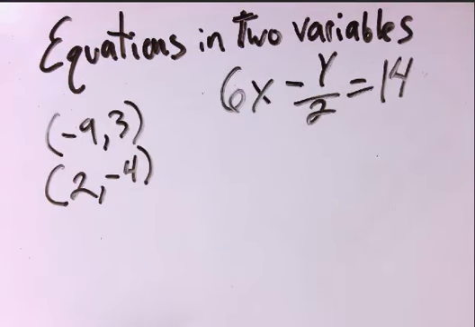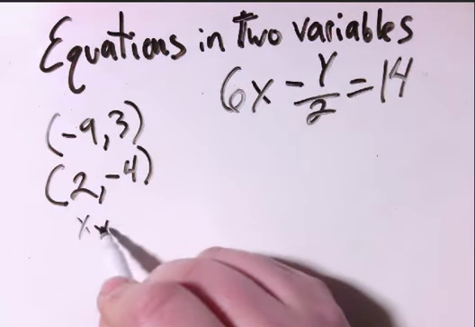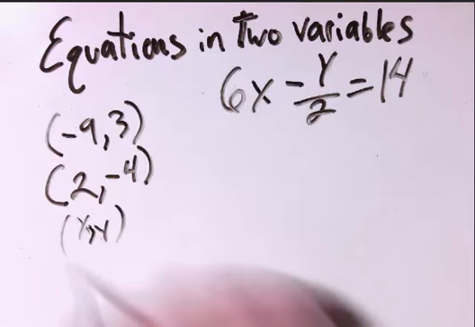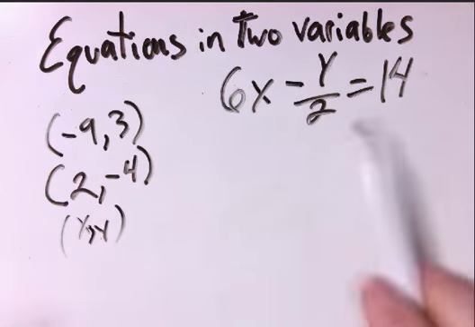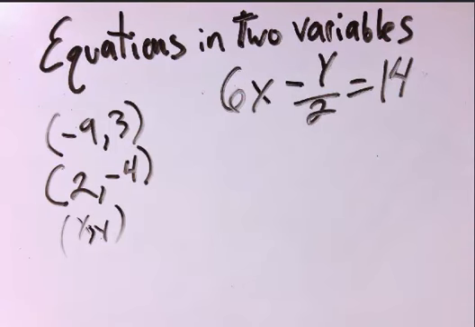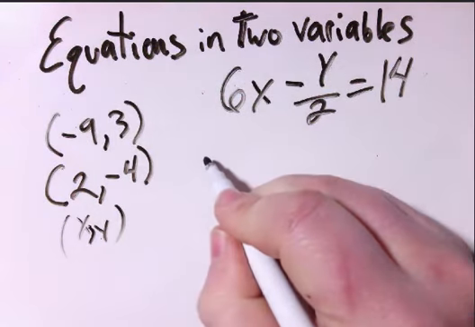Alright, so this question is going to be similar to the one we just did. So we're going to be asked, this here is going to be in x, y form. And we're asked which one of these are solutions to this equation. So let's go ahead and work through this.